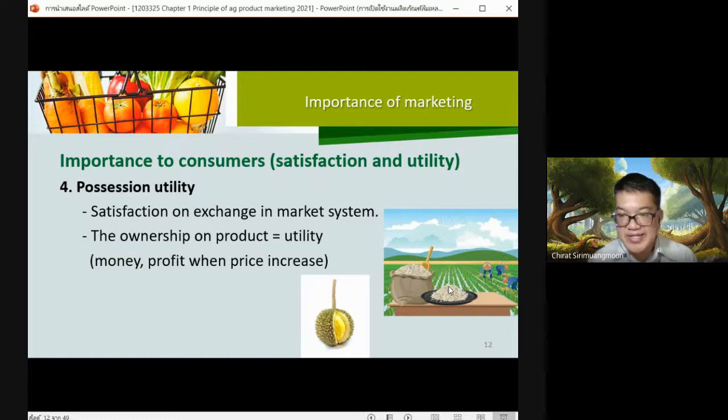How about the rice? The rice can also be applied in terms of possession utilities. So you grow the rice, but sometimes some other person or some company will come and ask you, I want to buy your rice, so we can make some agreement for the future price.